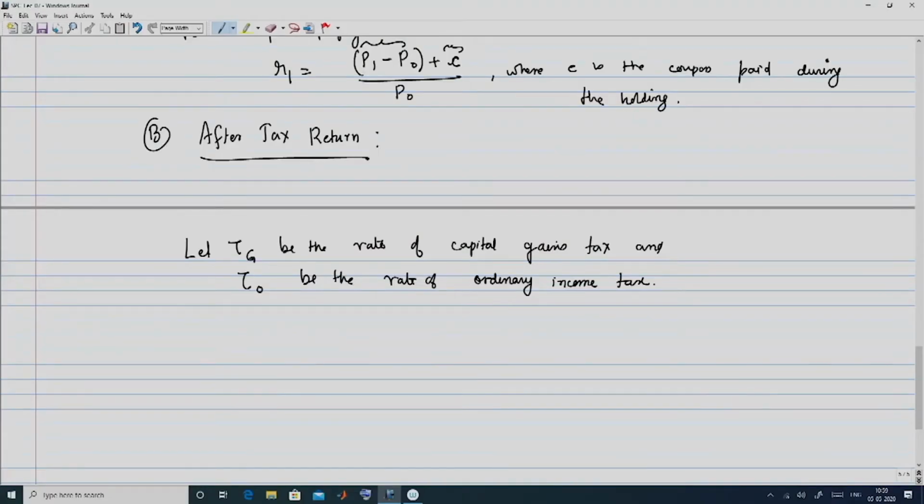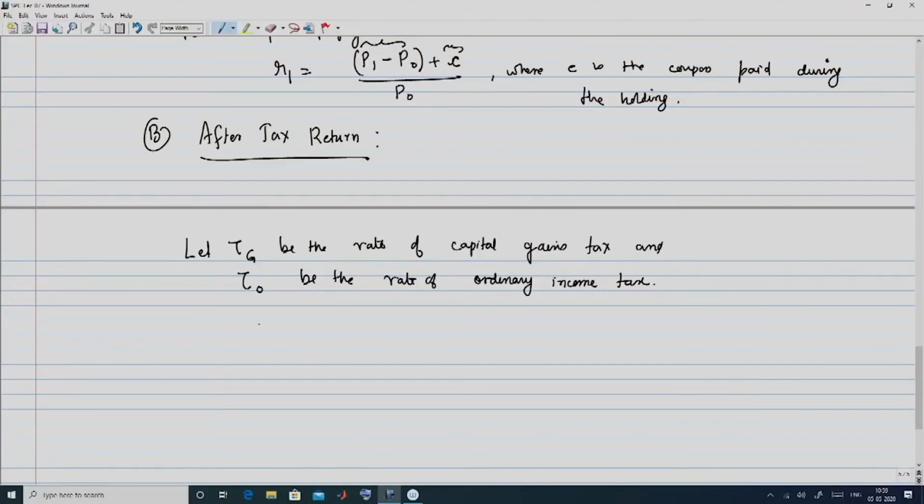And tau O is the rate of ordinary income tax. This is the tax rate that is applicable to your regular income, and dividends are considered as regular income. Accordingly, we now need to modify the rate of return to incorporate these two tax rates.